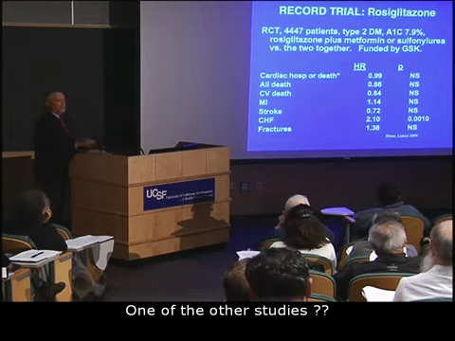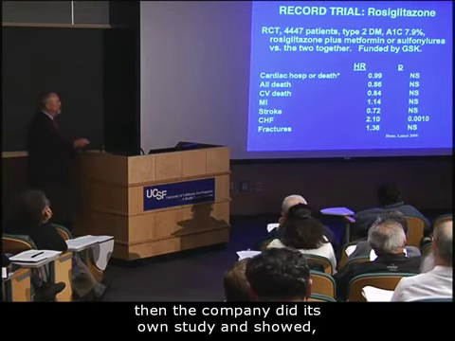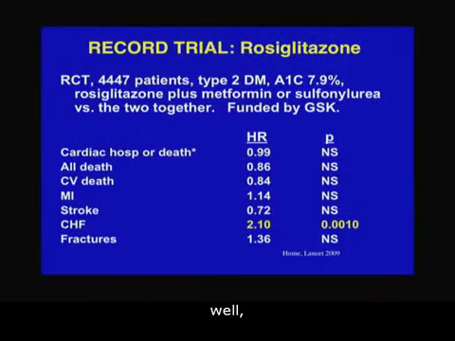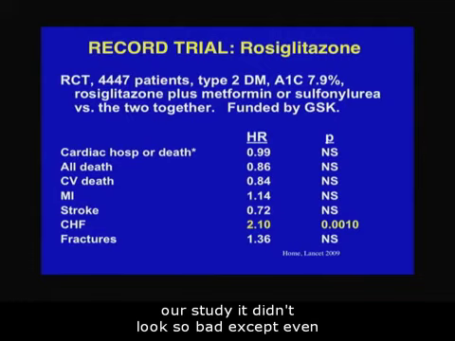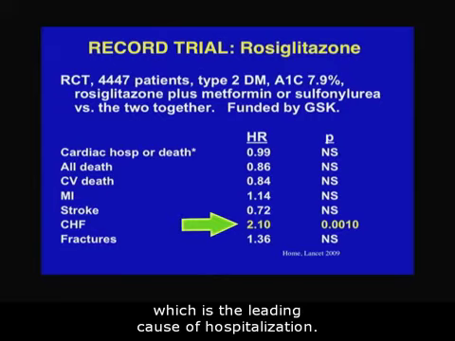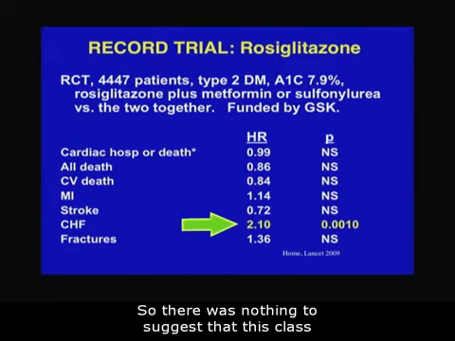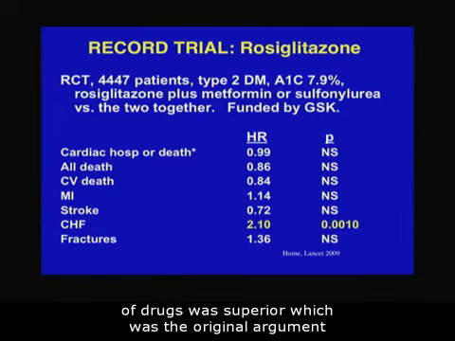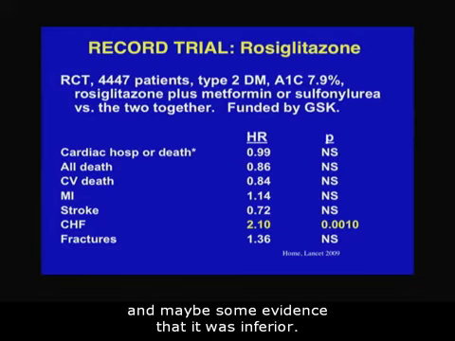One of the other studies, so then the company did its own study and showed, well, in our study, it didn't look so bad. Except even in their own study, there was twice as much congestive heart failure, which is the leading cause of hospitalization in the elderly. So there was really nothing to suggest that this class of drugs was superior, which was the original argument, and maybe some evidence that it was inferior.